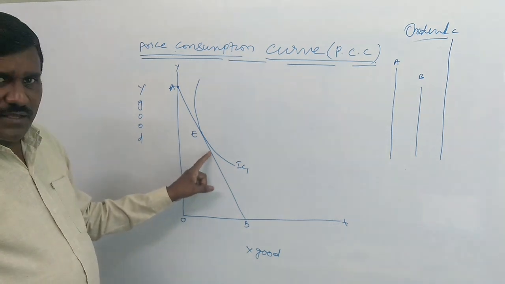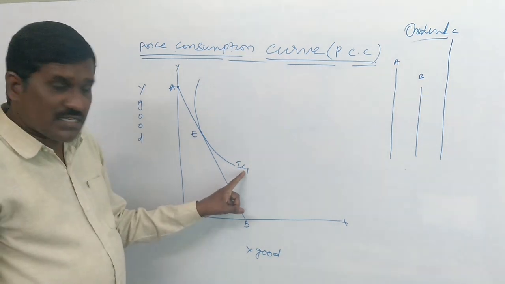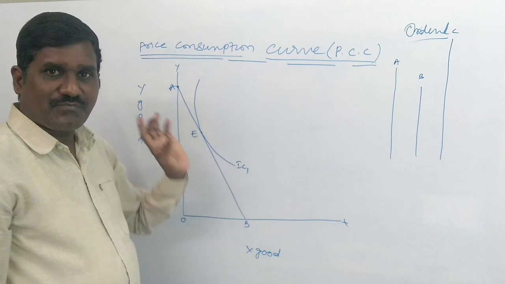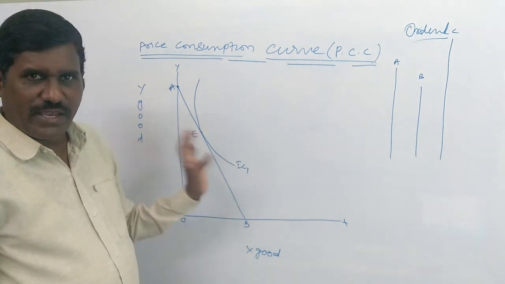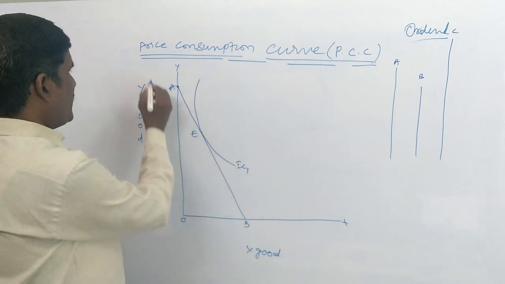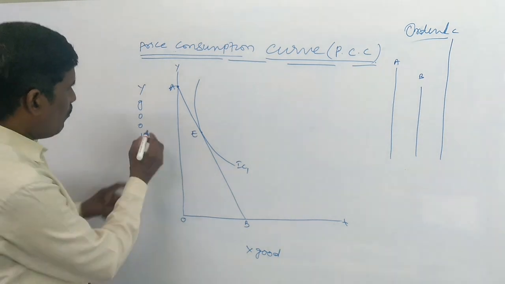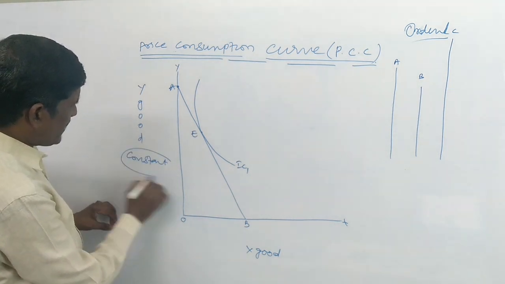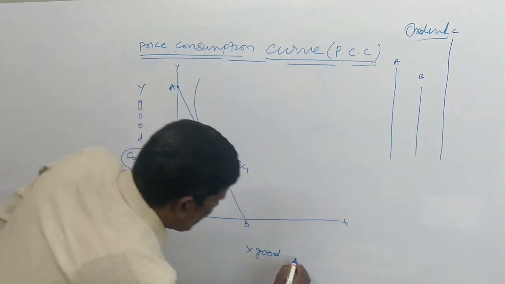The income of the consumer and the indifference curve are both equal. The IC curve is tangent to the budget line at point E, so it is the equilibrium. Then, when the Y good price is constant, the X good price changes.